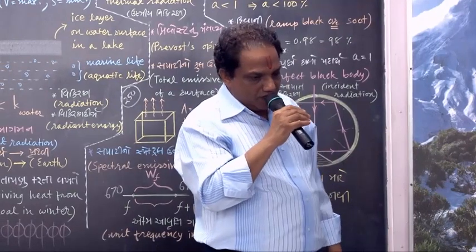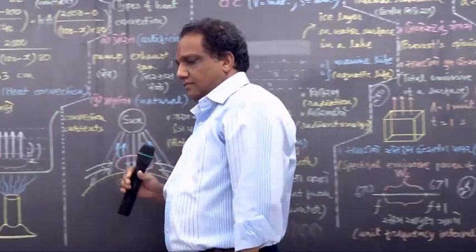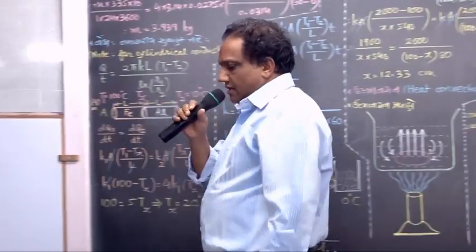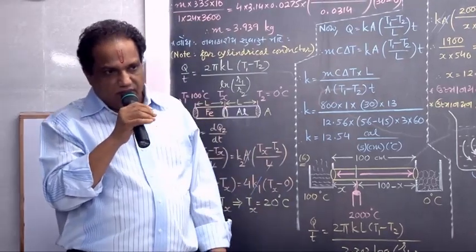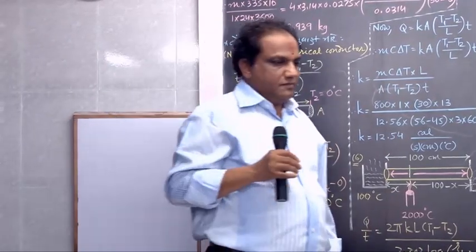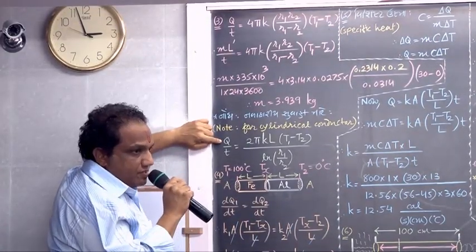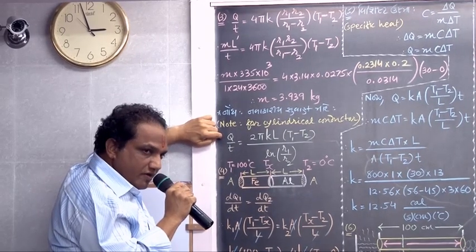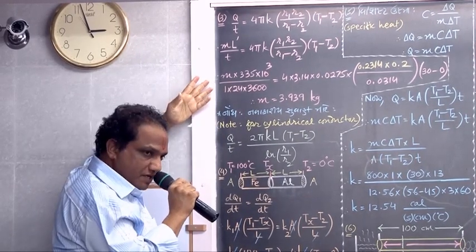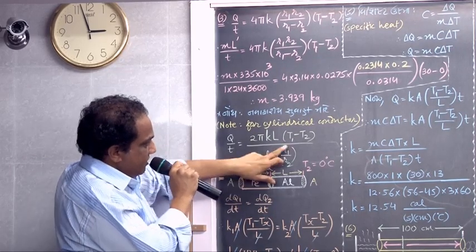Take the remaining values as it is. Here Q should be replaced by m L dash. All other values are as in this sum, except m, which you have to find anew. And the denominator is getting changed now.